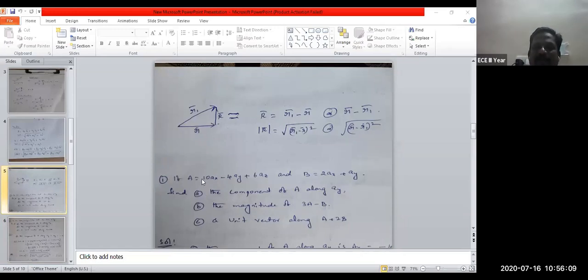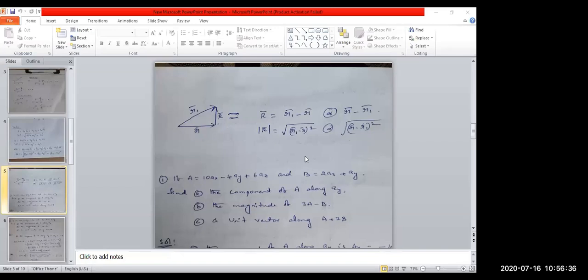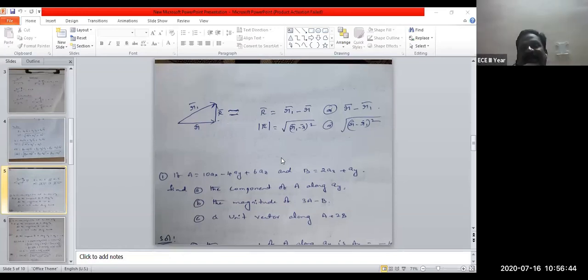Means 3 into 10ax is 30ax, minus 3 into 4ay is 12ay, plus 3 into 6az is 18az. Then minus b, so b is as it is. So what is the answer for that? 28ax minus 13ay plus 18az. But do you require the resultant vector of 3a minus b, or the magnitude of that?